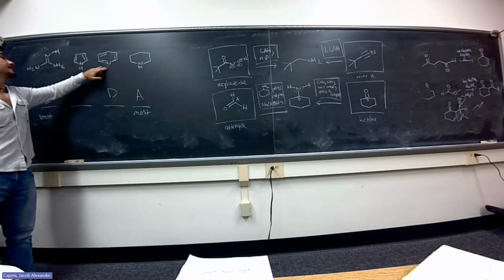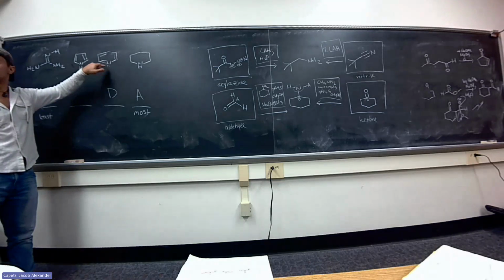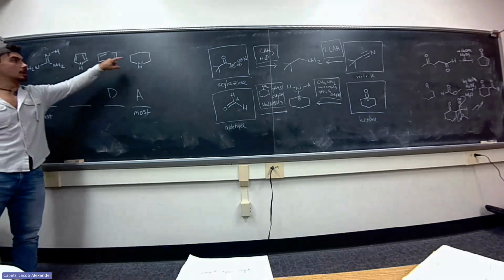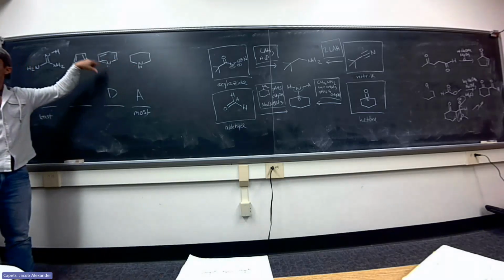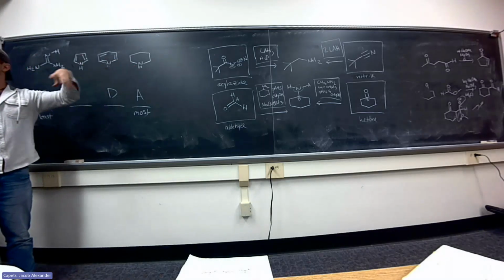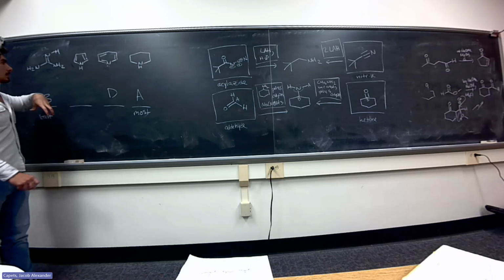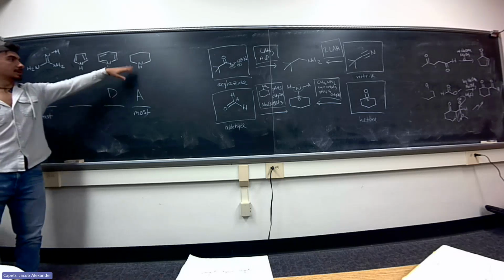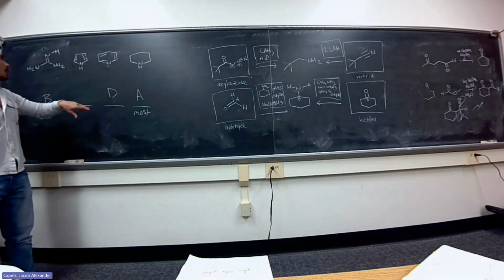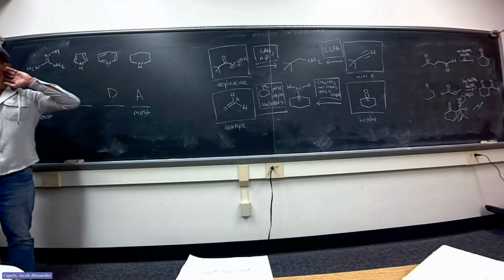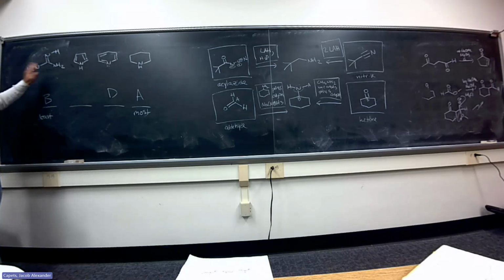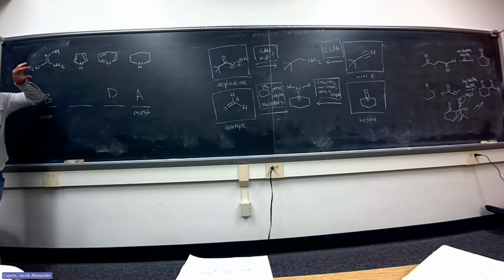This one does not lose its aromaticity, but this lone pair is in an sp2 orbital. This lone pair is in an sp3 orbital. sp2 has more s character, which is going to be less basic. Can you explain the D thing again? Why is this one here? A we know is going to be basic because when it's protonated, it's highly resonance stabilized.